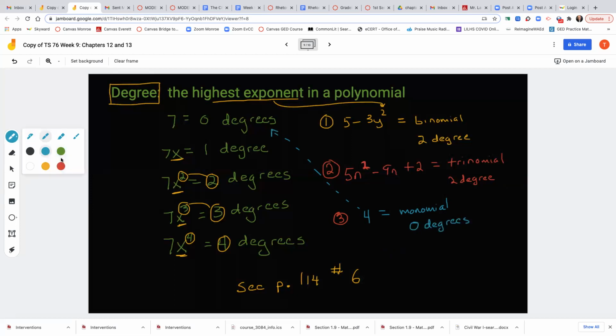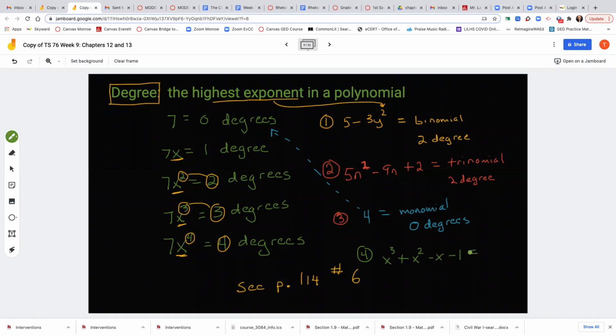Let's try another one. Let's go number 4 here. What if you had x to the third plus x squared minus x minus 1?